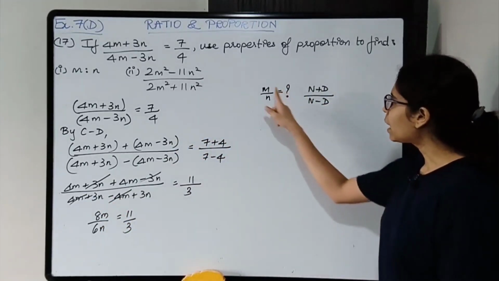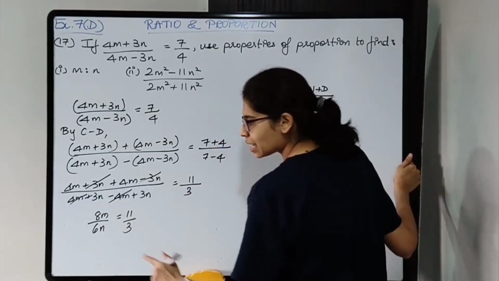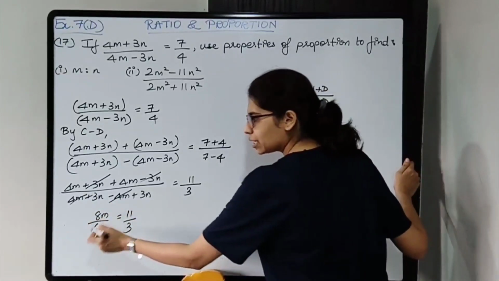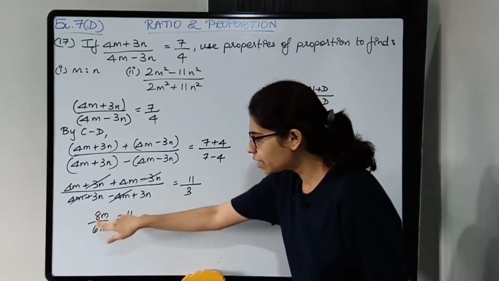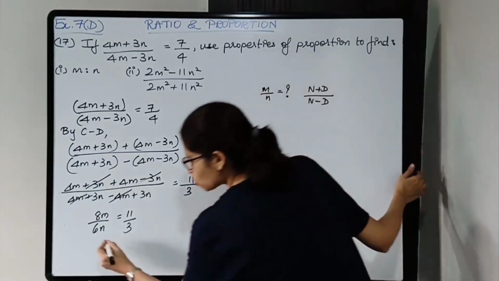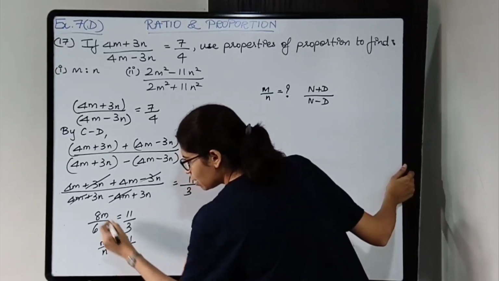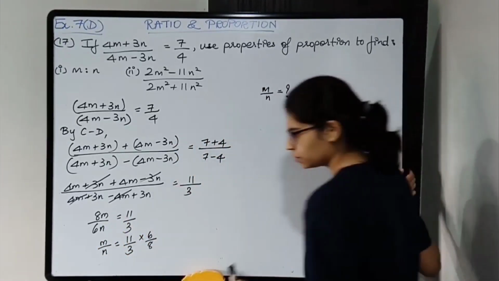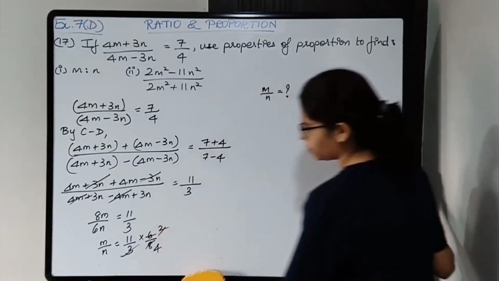We need to find m upon n. So we'll keep m upon n as it is and we'll shift 8 upon 6 to the other side. When you shift this to the other side, reciprocal हो जाएगा. 6 will go in the numerator and 8 will go in the denominator. So m upon n as it is, 11 upon 3 as it is, shifting this, reciprocal. 3 2s are 6, 2 4s are 8.